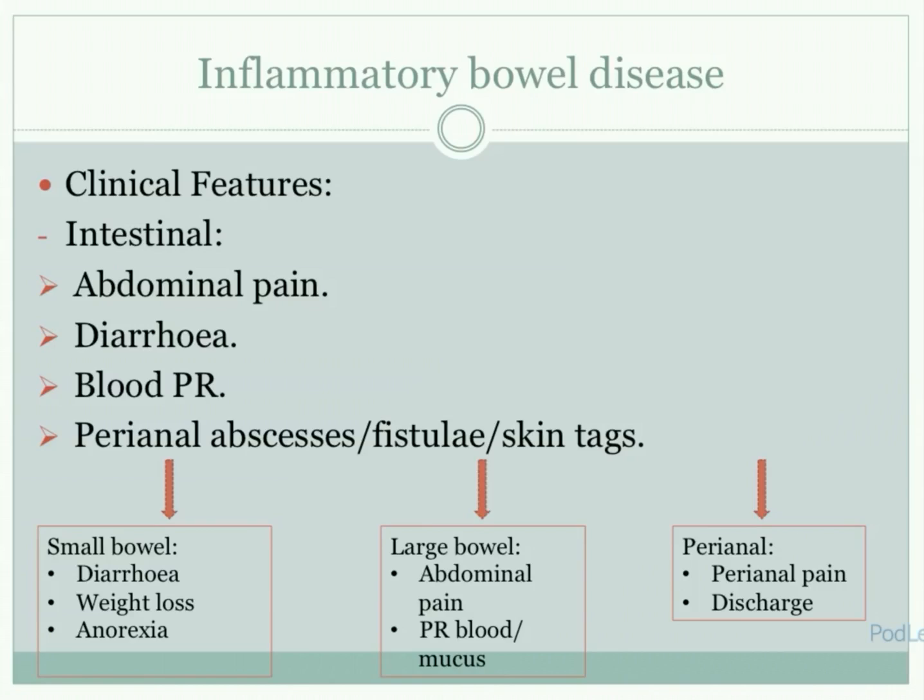So I've now divided these symptoms into the area of the GI tract affected. In active small bowel disease, diarrhea is very common, alongside weight loss and anorexia. In large bowel disease, abdominal pain is prominent, alongside PR bleeding and PR mucus.